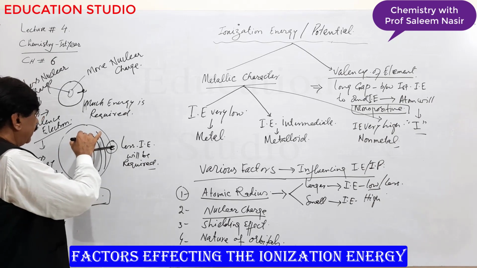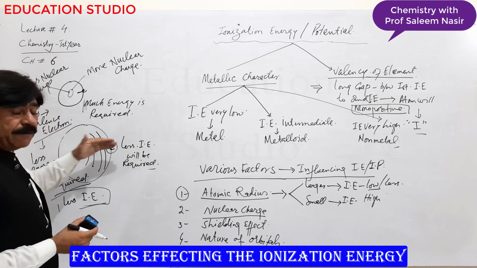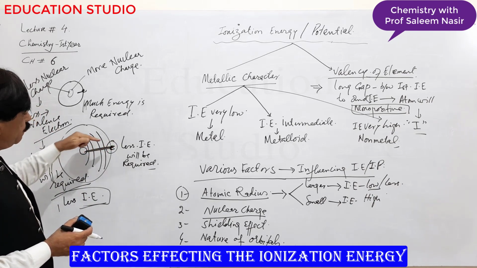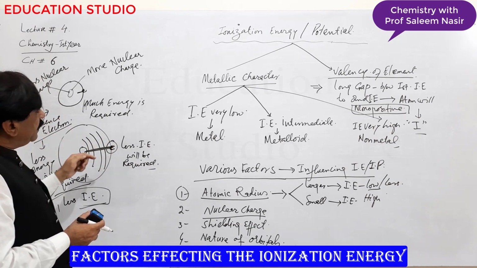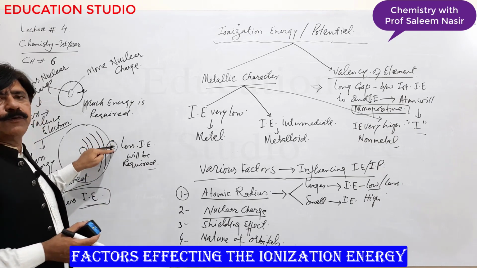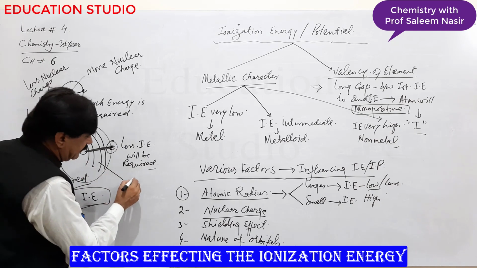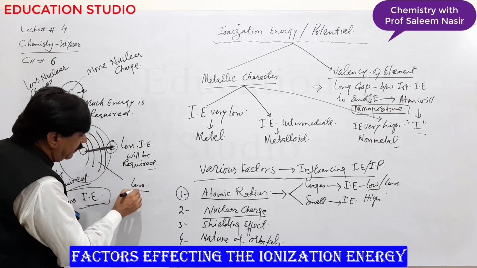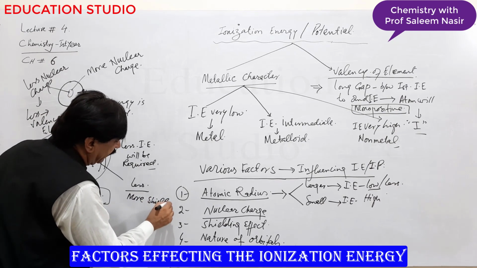If there are more shields that screen the influence of the nucleus on the valence electron, we will need less energy to remove that electron. This means the ionization energy will be less when there is more shielding effect.